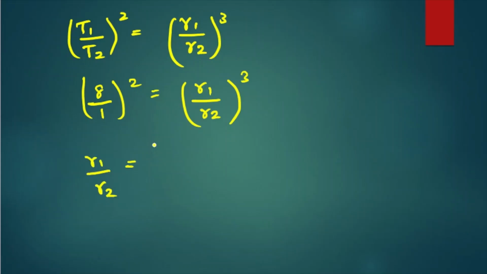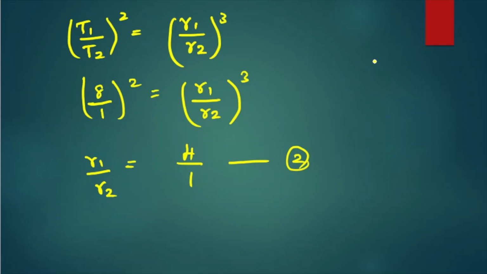So for R1 by R2, you bring the cube to this side as a cube root. The cube root of 64 is 4, so you can write 4 by 1. So your R1 by R2 is equal to 4 by 1. This is your second equation.